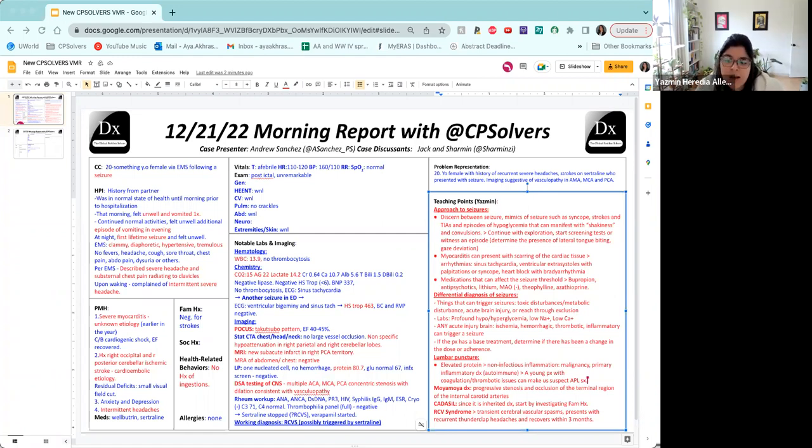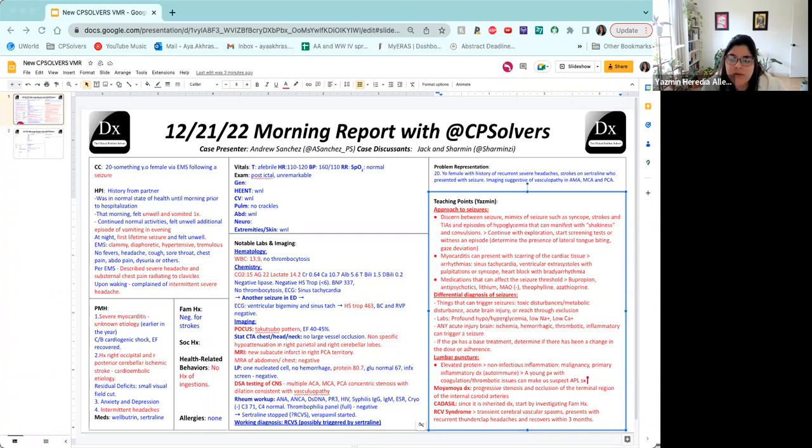And then jumping to the lumbar puncture, this patient had an elevated protein, which makes us think about a non-infectious inflammation and think first about malignancy or primary inflammatory diseases such as autoimmune. Dr. Sharmin said that in a young patient with coagulation or thrombotic issues, we can suspect APL. And then we jump to rather obscure diagnoses such as moyamoya or CADASIL.